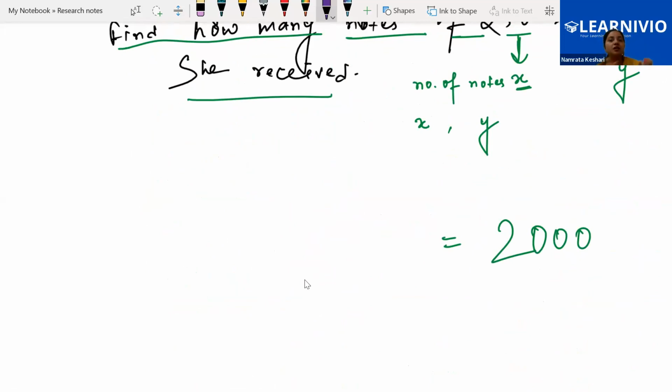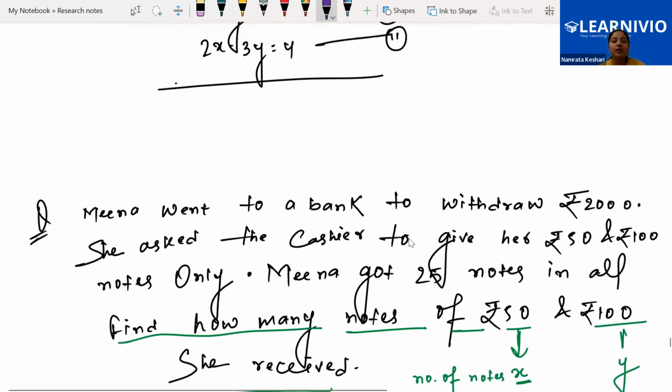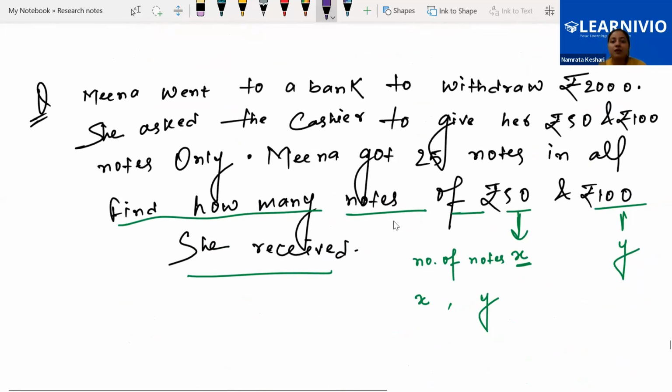Let's get back to our assumption. X notes are there, which are of denomination 50. Number of notes is not 2, 3, 4, 5. It's X notes which are of denomination 50. So the total amount will be X into 50, can we say? Yes or no?